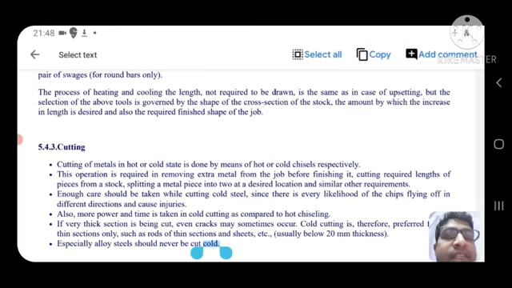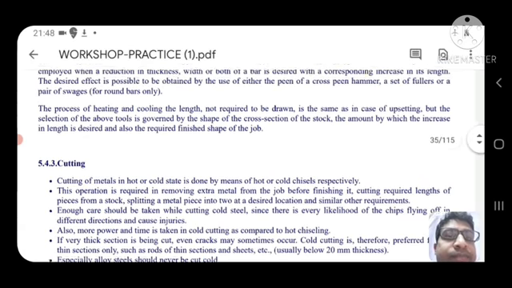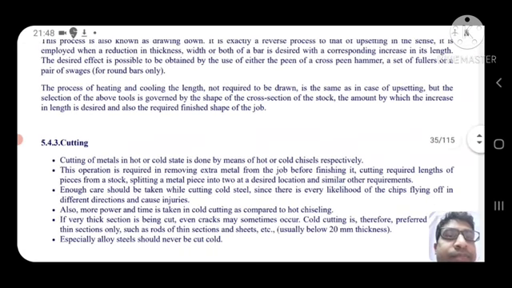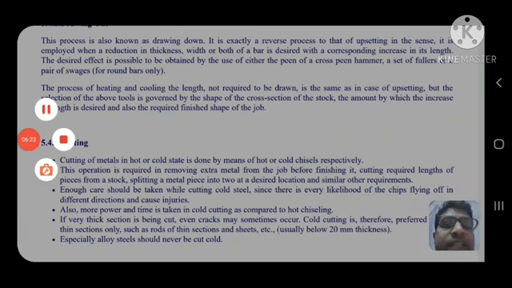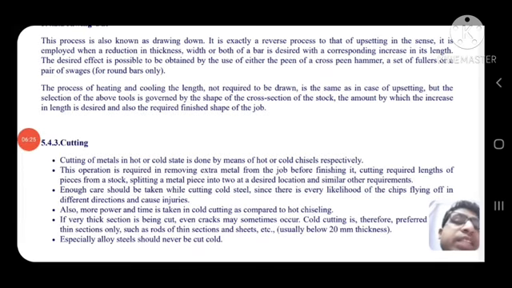The desired effect can be obtained by the use of either the pein of a cross pein hammer, a set of fullers, or a pair of swages for round bars only.